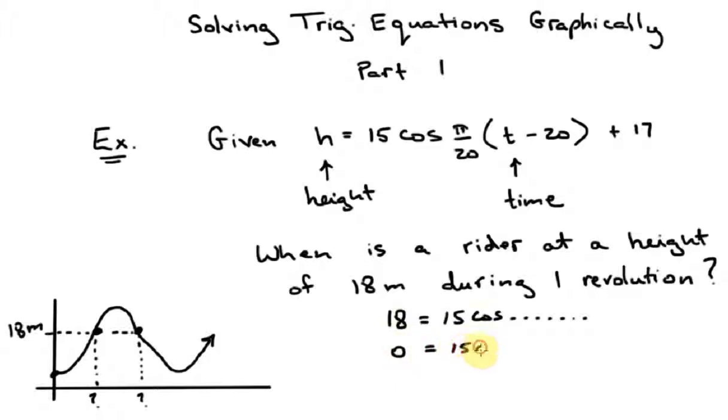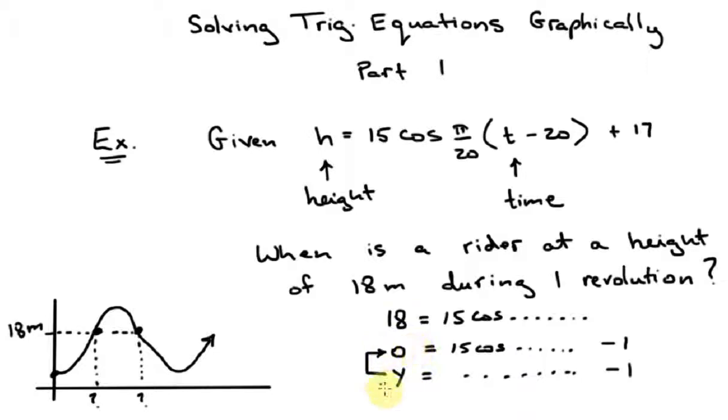Now that's going to change things a little bit on my function over here, because at the end, where we had plus 17, if we subtract 18 from that, we have a minus 1 now at the end. Why would I do this? Well, it does change my graph a little bit, but it makes it easier, because now if I graph the following function, y equals the same expression with this minus 1 now, I'm looking for those points that have a y value of 0.